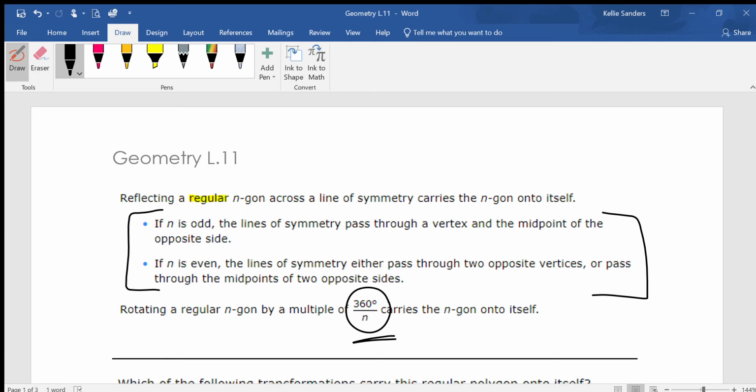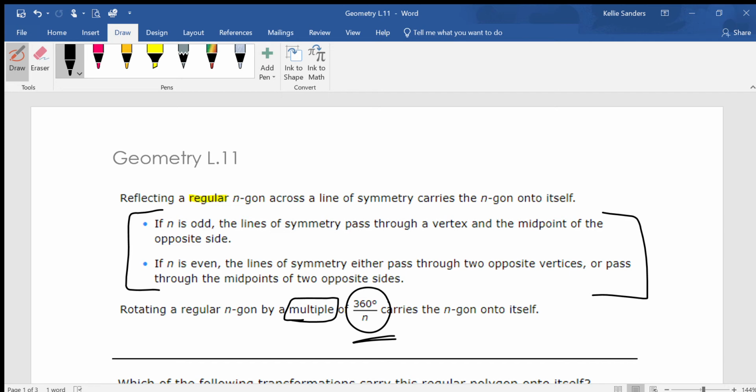Rotating a regular n-gon by a multiple of 360 over n carries the n-gon into itself. We're going to use that later on, but not necessarily at the beginning of the lesson. Now what does n represent? n represents the number of sides. If you started at one spot and you rotated 360, where do you end up?